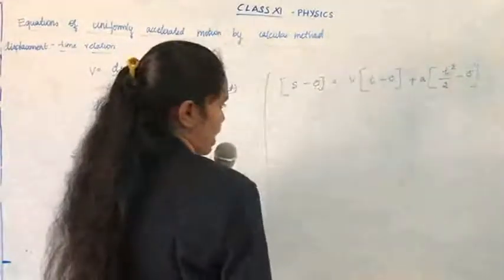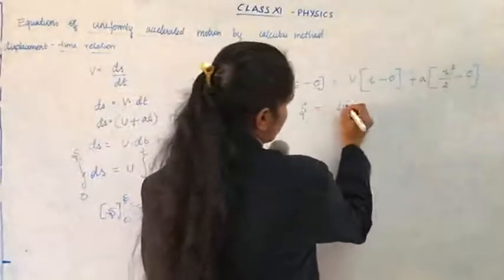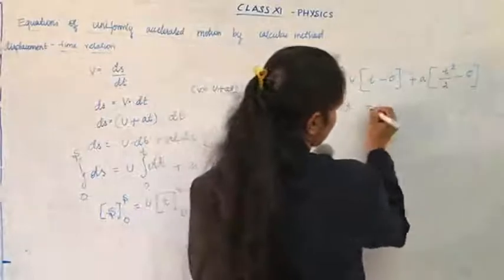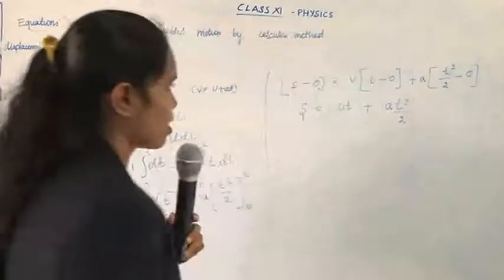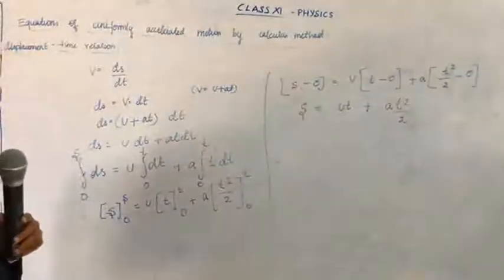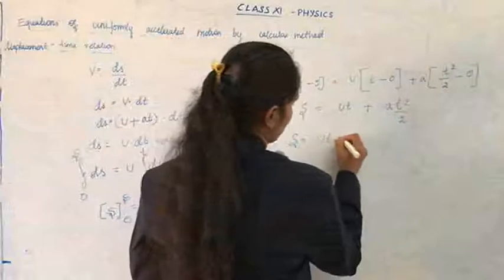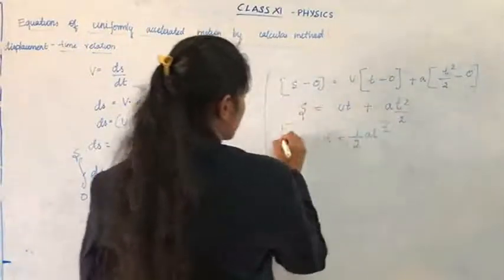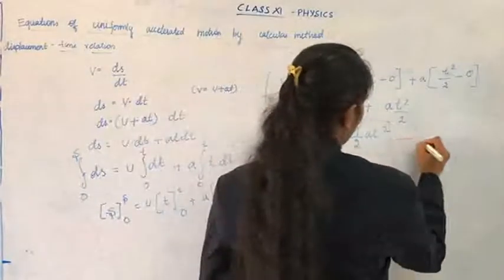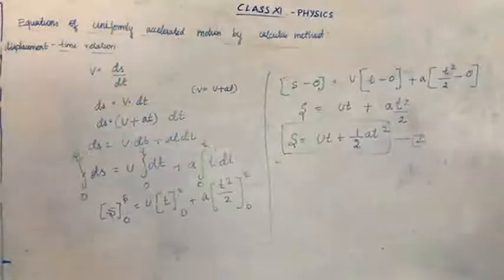By applying the upper and lower limits, we get s equal to ut plus a into t square by 2. Have you got it? Now s equal to ut plus 1 by 2 at square. This is the second equation of kinematics.